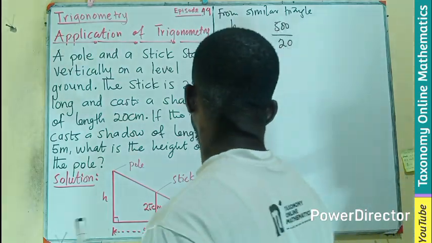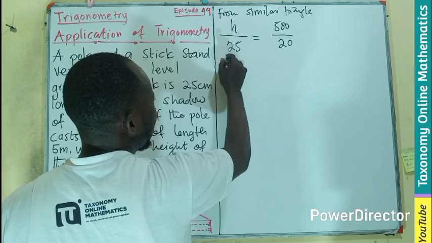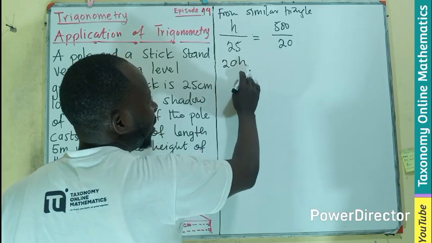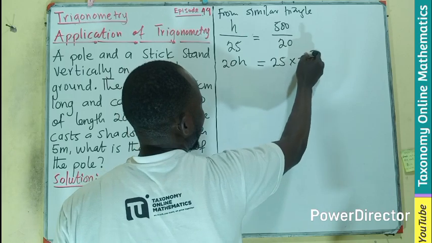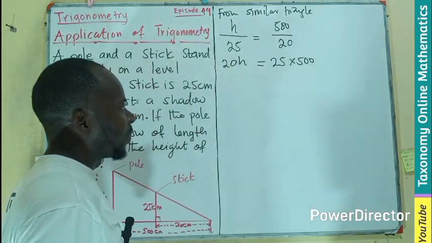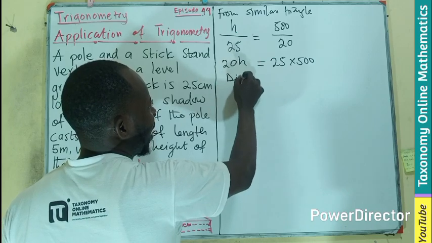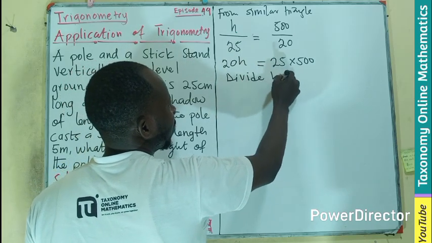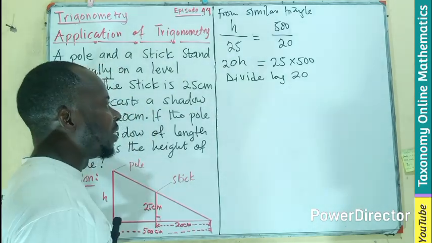This becomes a ratio we can cross multiply. So h times 20 gives us 20h, and that equals 25 times 500. So I'll divide through by 20, not h. h is the variable.